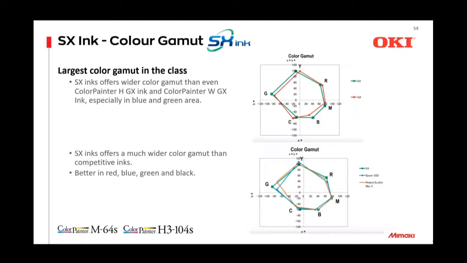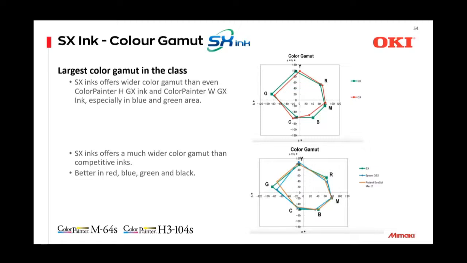All right, I'll go over the color gamut fairly briefly, but generally we've got a good color gamut. The top graph shows SS to GX, so GX was the previous OKI ink solution. You can see we've definitely got better performance and a big increase, especially in the blue area, which is positive.